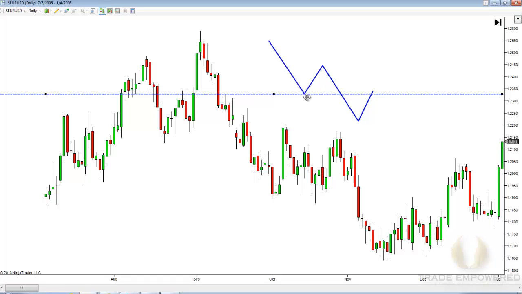So you can see right here, our previous structure level is going to be right here. The market was in some sort of a bullish trend. You can see a previous outside return right here. We then push up higher. And then what happens? We break lower, reversing the trend.